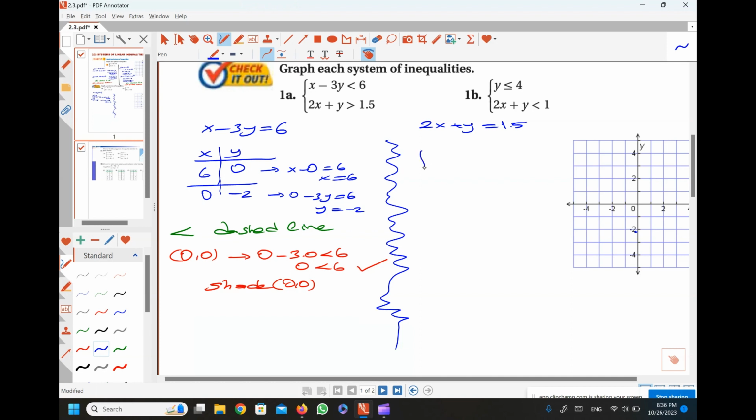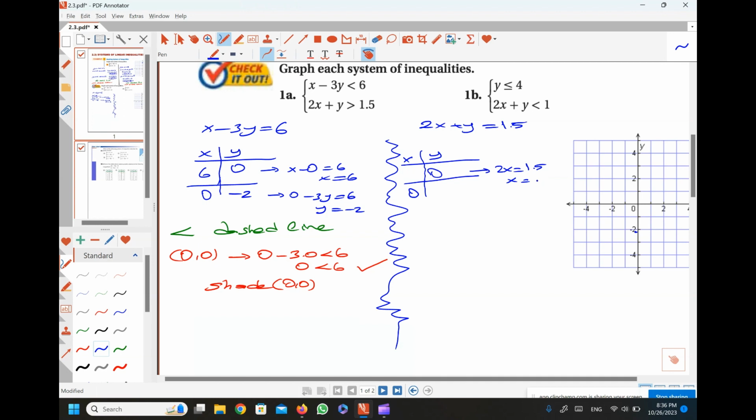Find x-intercept and y-intercept. For x-intercept, your y is 0. For y-intercept, your x is 0. So when your y is 0, 2x plus 0 is equal to 1.5. So x is equal to 1.5 over 2.